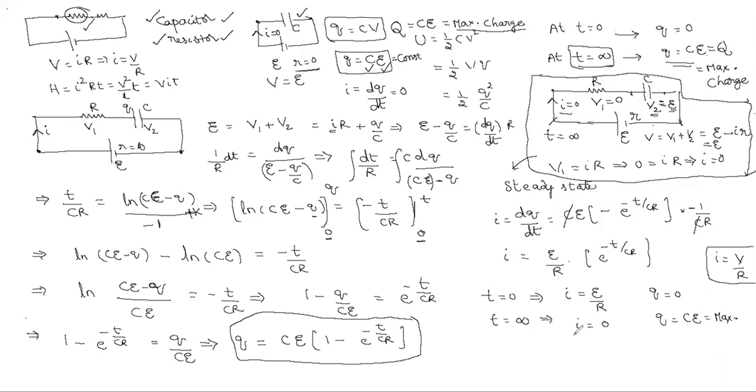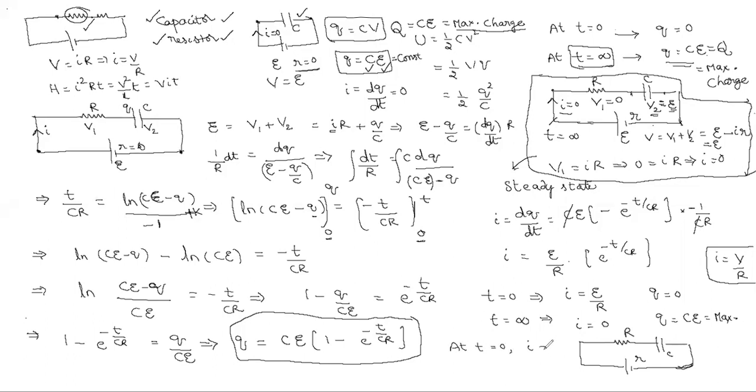And keep in mind, here in this case, at t is equal to 0, the current you wrote is E by capital R. If there is some internal resistance of the cell, then I have to write, at t is equal to 0, I is equal to E by capital R plus small r.